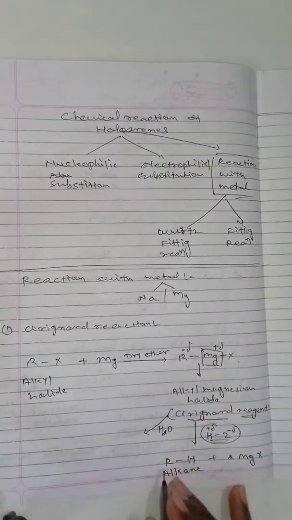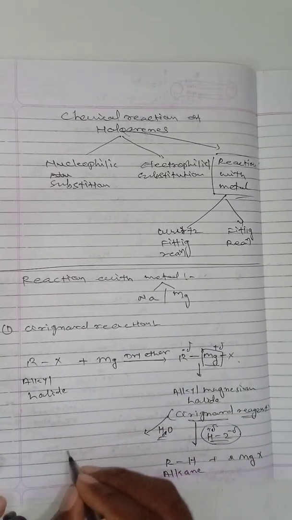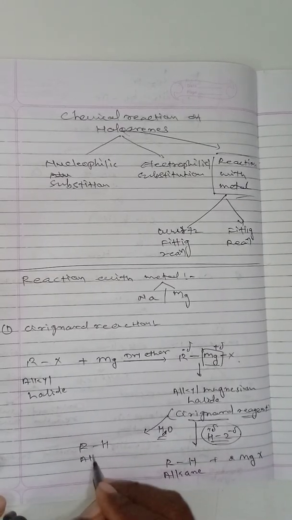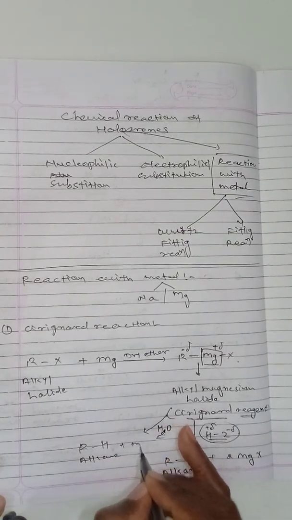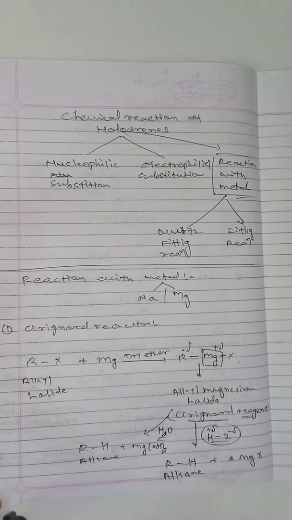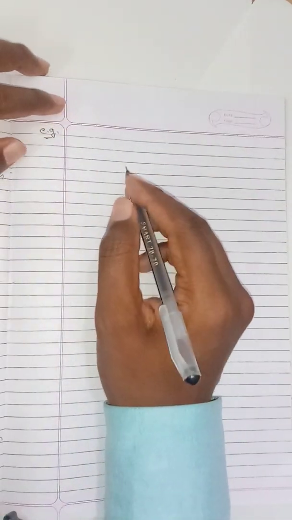And here suppose we take a water molecule, we get alkane and magnesium hydroxide. Let's see an example for Grignard reaction.